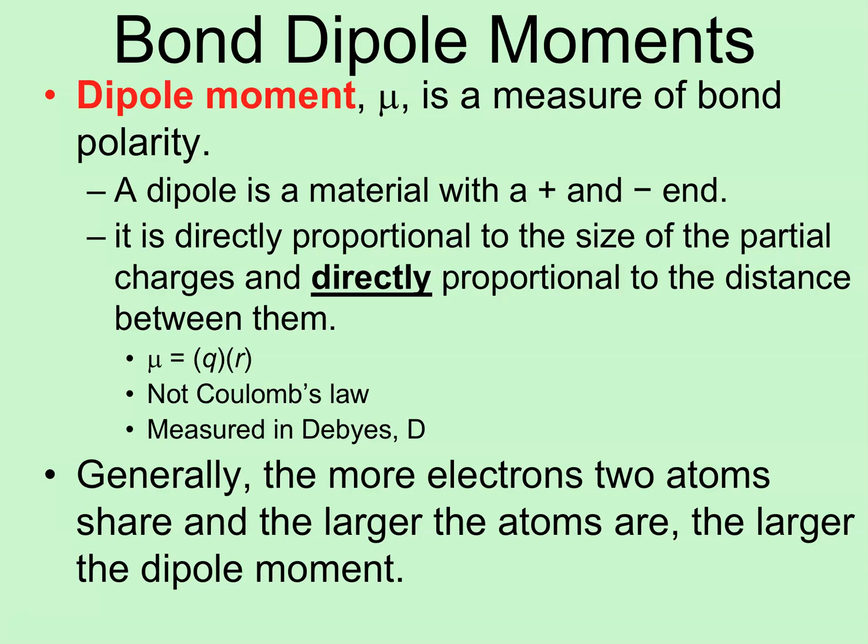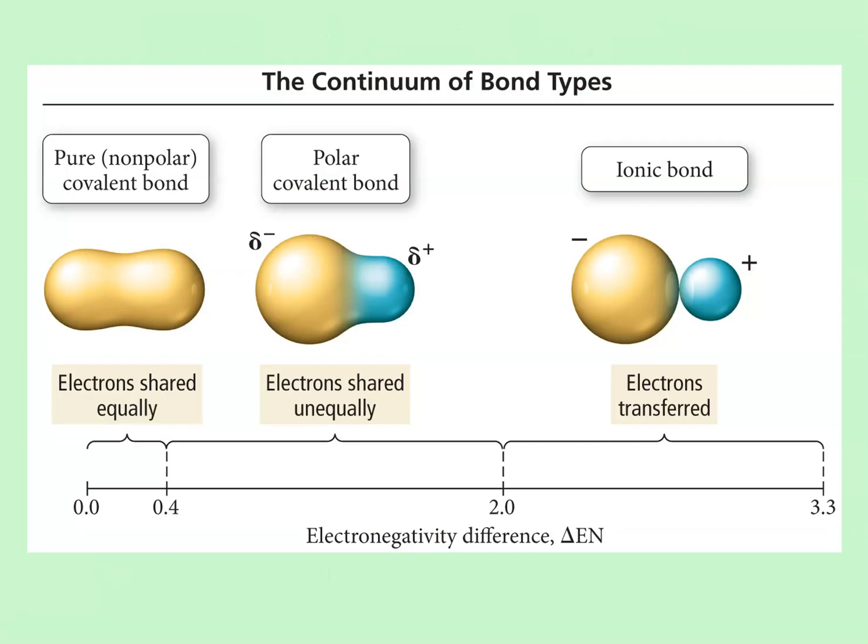So from a single to a double to a triple bond, that's more electrons being shared, from 2 to 4 to 6 electrons. Then the size of the atom does play a role, with the size of the nucleus as well. More attraction, more electrons, more polar it's going to be. Questions about dipole moments? Okay.